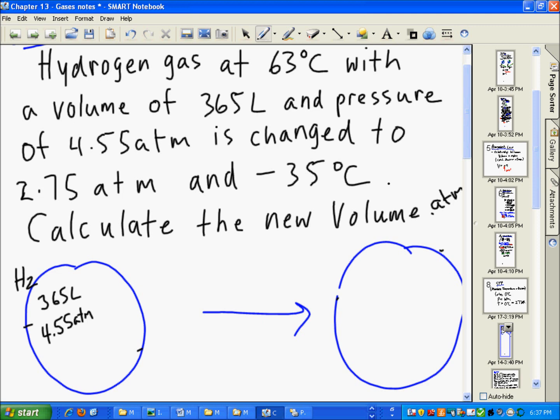Oh, and it's 63 degrees Celsius. Missed that, thought I was missing something. And it's changed to 2.75 atmospheres and negative 35 degrees Celsius. And the question is asking for the new volume.